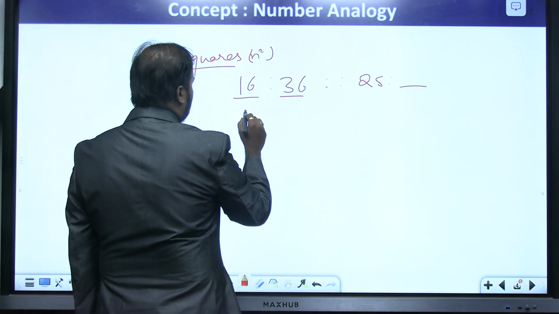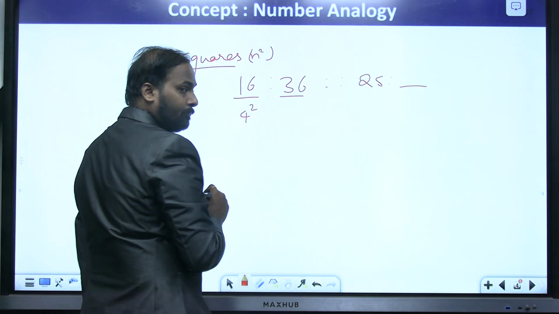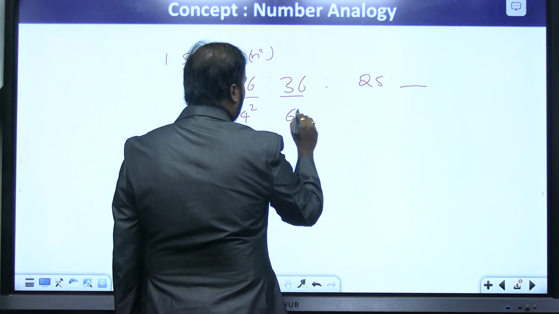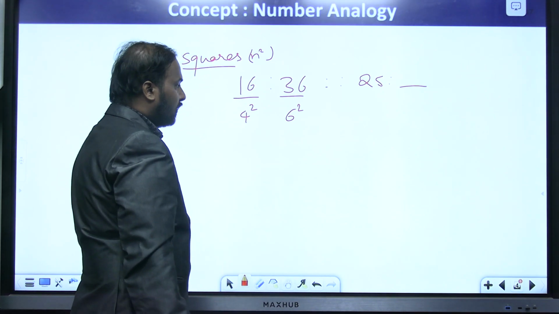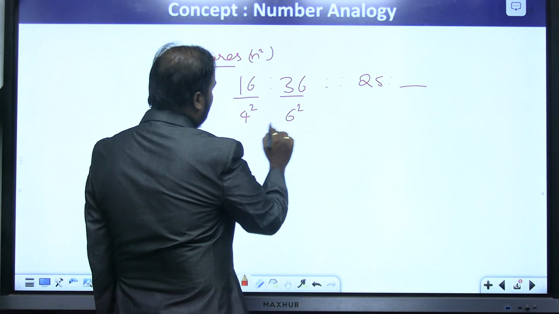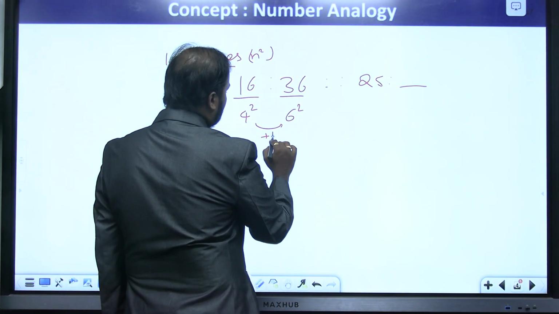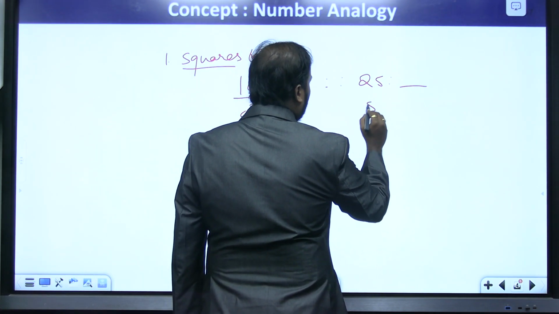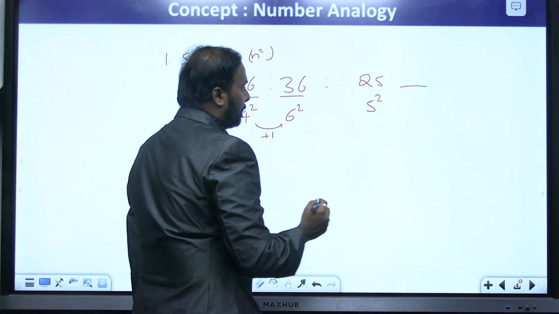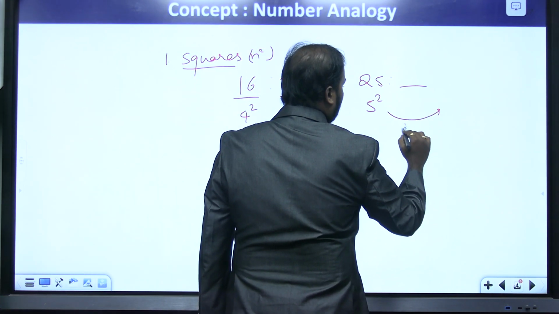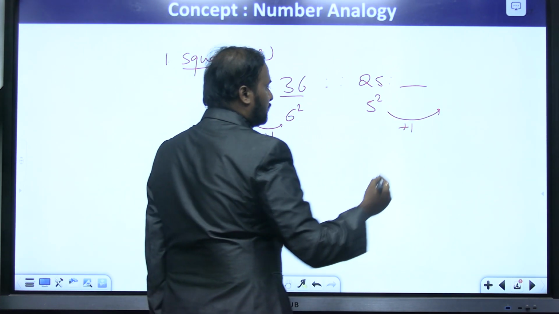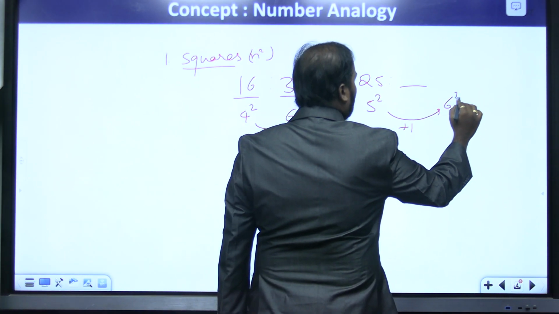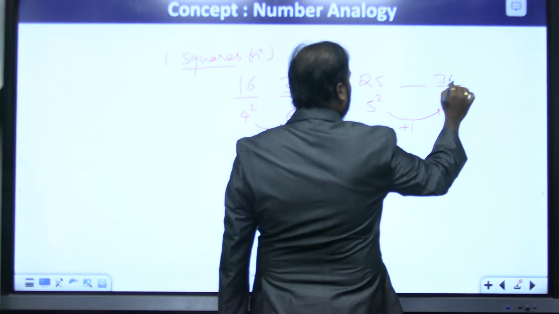What is 16? I can write it as 4 square, and 36 I can write as 6 square. So from here to here, it is increased by plus 1 and then squared. Now here 25 is 5 square, and we add plus 1, which becomes 6, and then you write 6 square, that is 36.